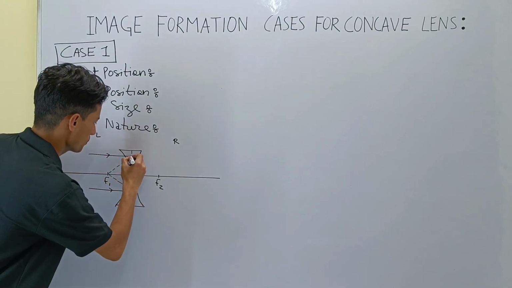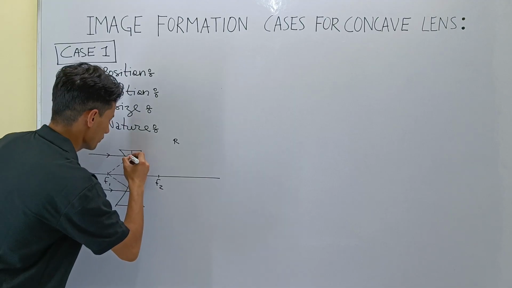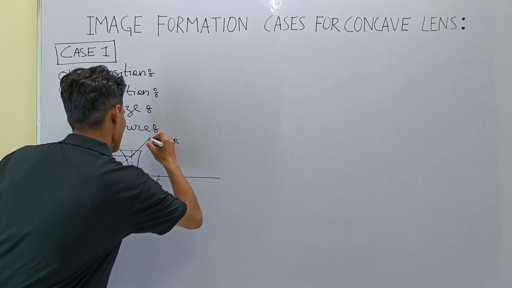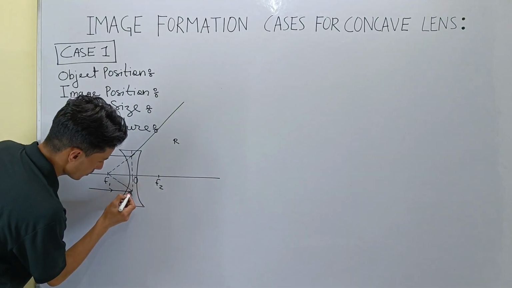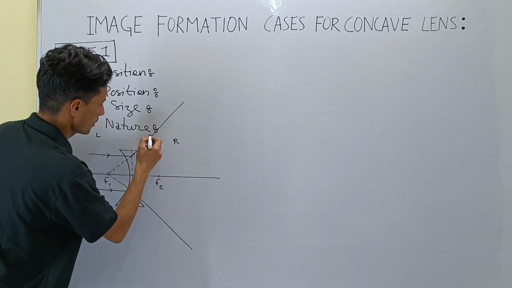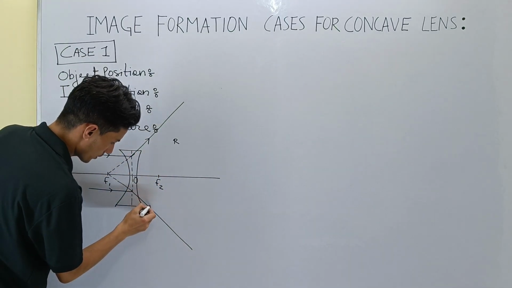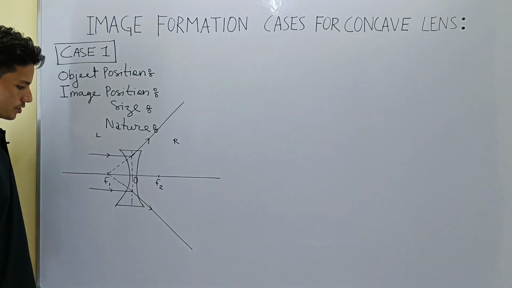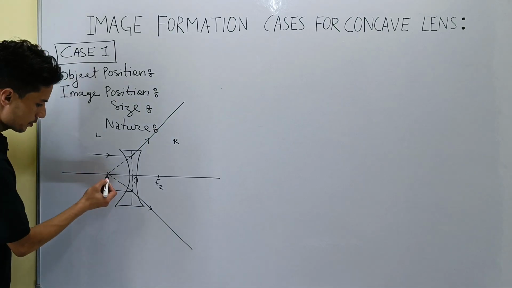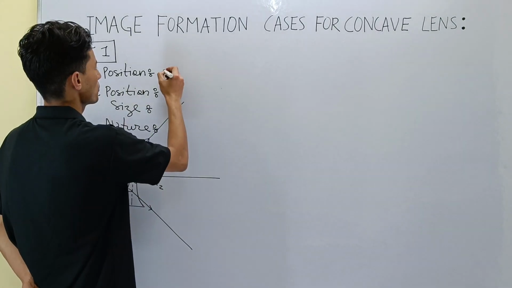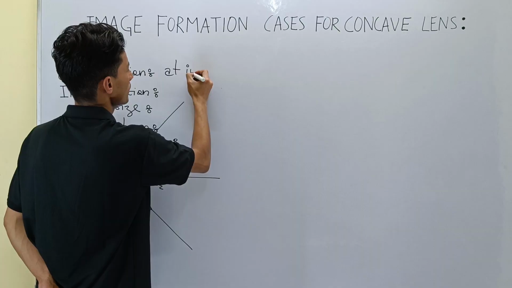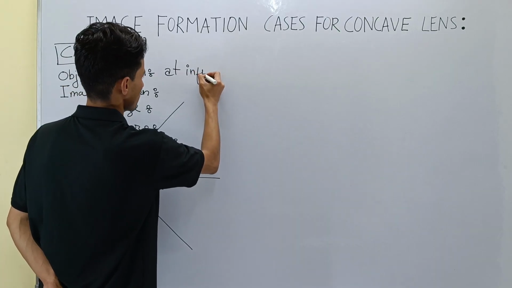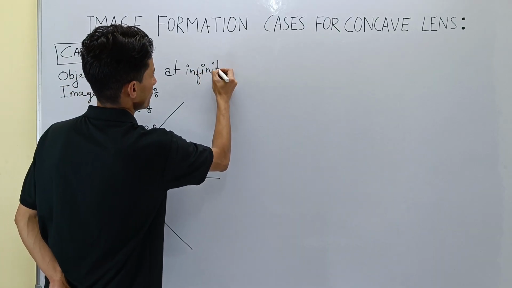So let them undergo refraction. After refraction, they will go like this. After refraction, they will go like this. So this is how the two refracted rays travel. They appear to meet at f1. So object position at infinity, yes, at infinity.